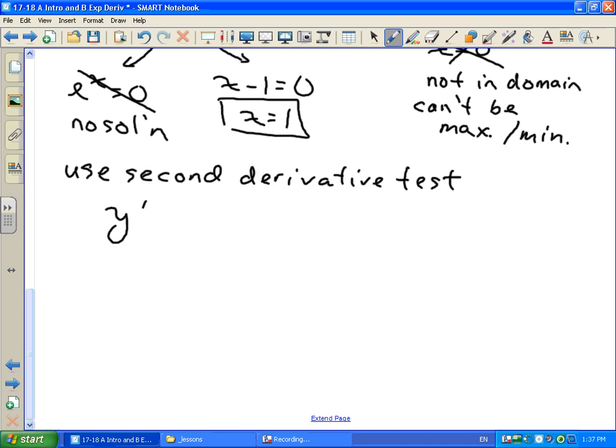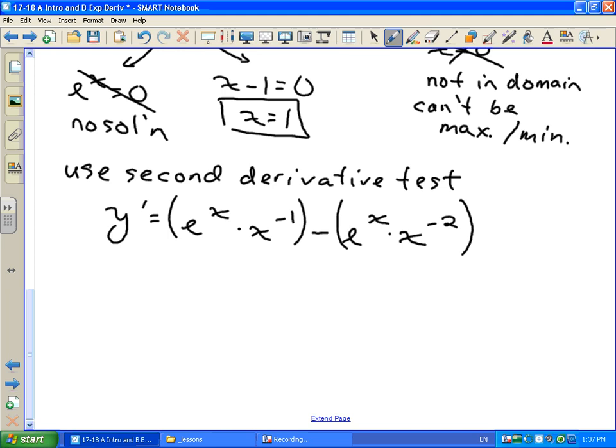I'm going to say that y prime is equal to e to the x times x to the negative 1 minus e to the x times x to the negative 2. All I've done is taken that negative 1 and turned it into a minus sign in between. And this time around, I'm going to put in some round brackets here and here to break this up so we can better keep track of where we are.